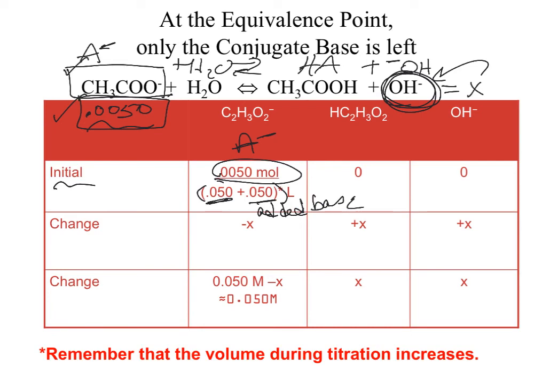Be careful with volume, and it's always total volume. All right, so we are looking at the equilibrium of a weak base in water. We have to use X because we don't know how much hydroxide is going to be formed. We're going to be relying on Kb to figure that out. We can go ahead and neglect X again because Kb, I guarantee you, is going to be really, really small.